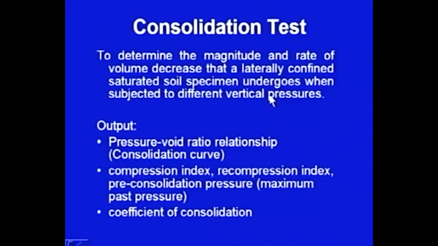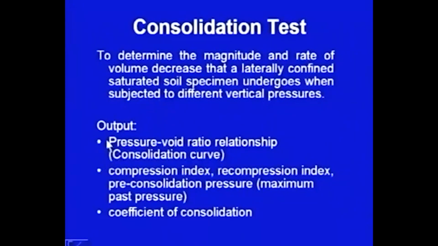So, what we are going to do in this test is take a soil specimen and subject it to various vertical pressures. Those vertical pressures will be maintained for sufficiently long durations of time, so that the consolidation is complete, and we will note down the settlement corresponding to different pressure values, and from that we will get the output.